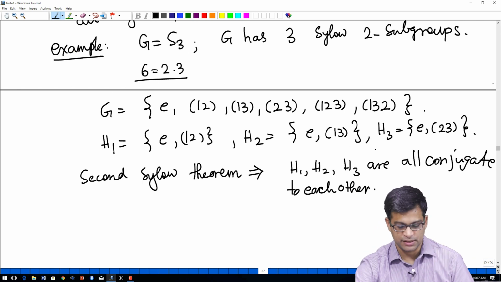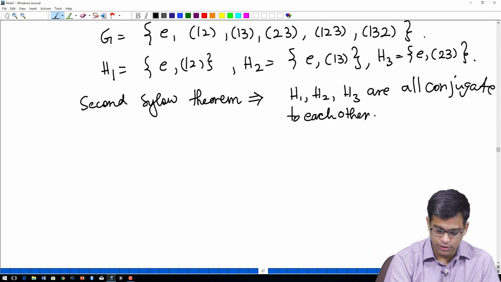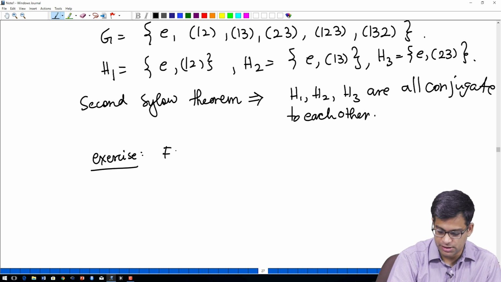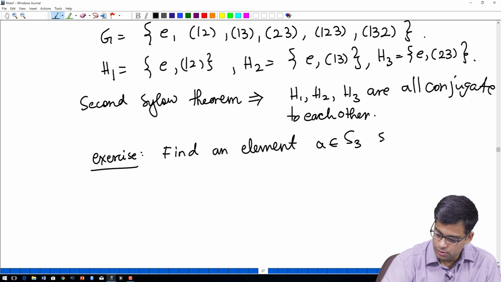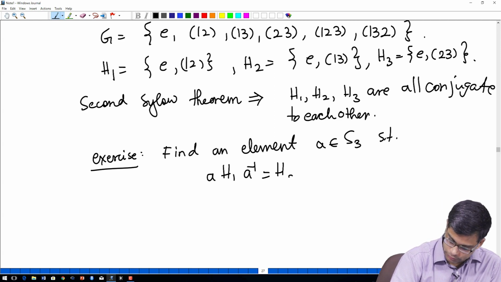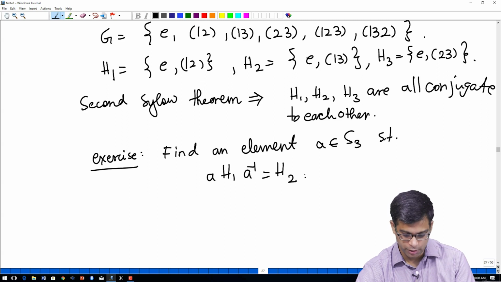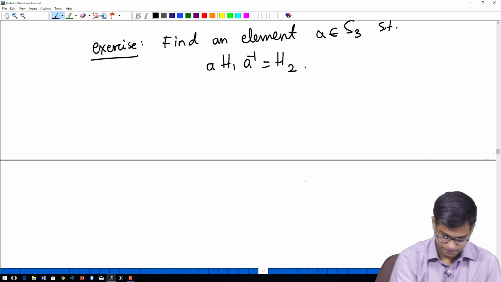This I will leave as an exercise for you to specifically choose an element which conjugates H1 to give you H2. Okay. So, as an exercise, maybe I will just ask this: find an element, let us say a in S3 such that a H1 a inverse is H2. By Sylow's theorem, we know that H1 and H2 are conjugate. In this example, I want to explicitly find such an a.